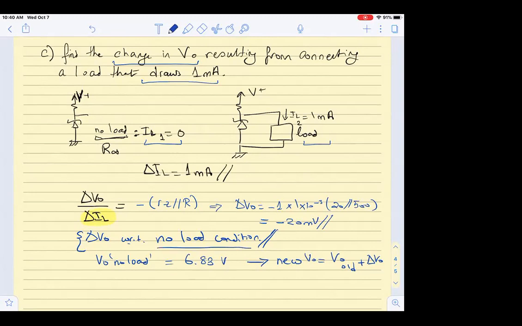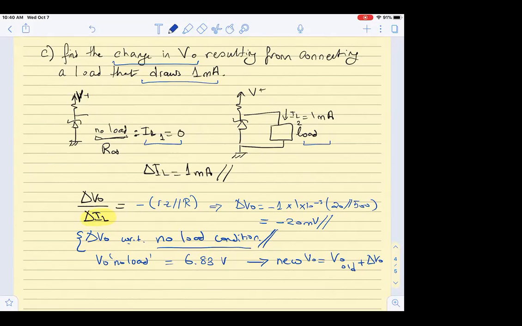Is this clear? Otherwise, I would put a current source of 1 milliamp, solve the circuit, and then take VO2 minus VO1 based on the previous condition. Okay? Clear? Does anyone have a question?